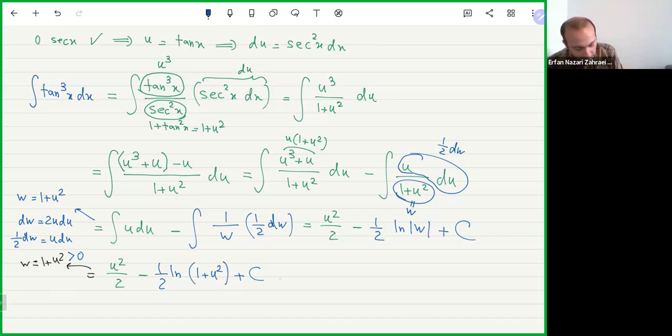Okay, good. And finally, the final step is that this is in terms of u, so replace u back in terms of x, which is u equals tangent x.